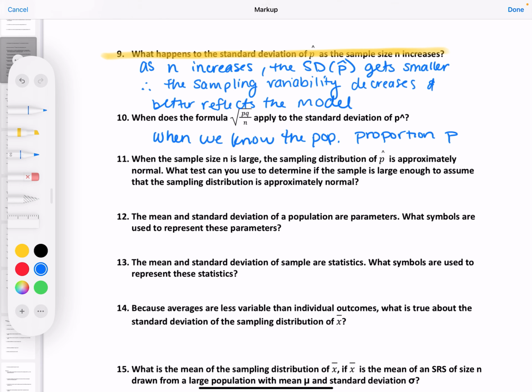What test can you use to determine if the sample is large enough to assume that the sampling distribution is approximately normal? So we're using the 10% condition, and we're looking at success failure.